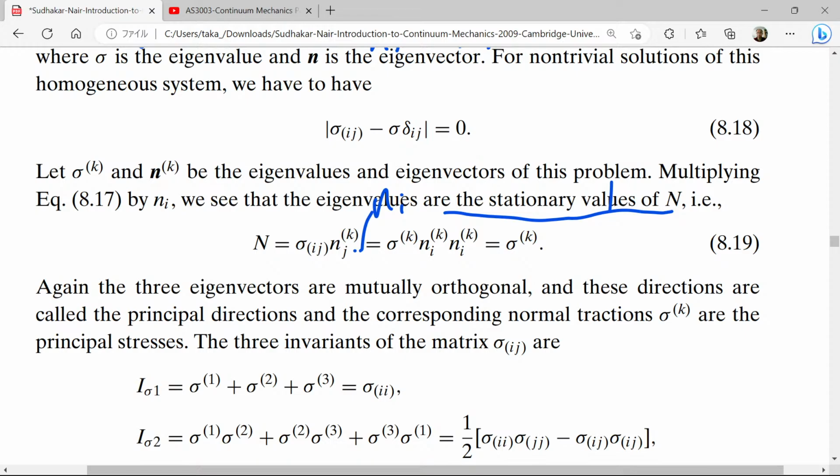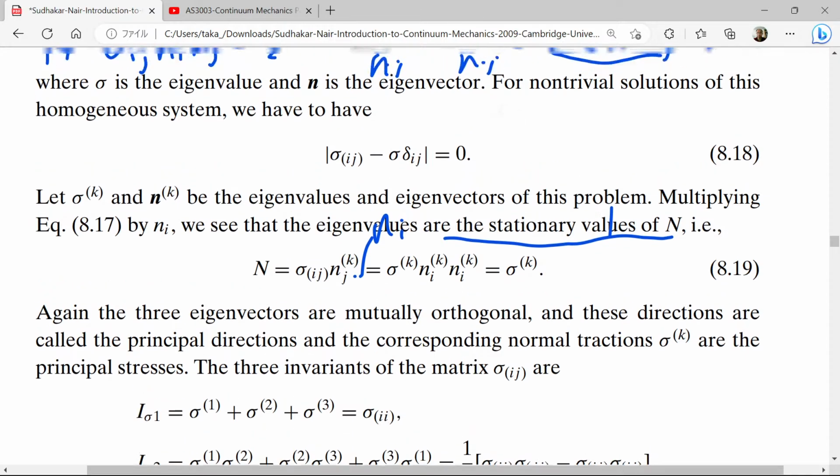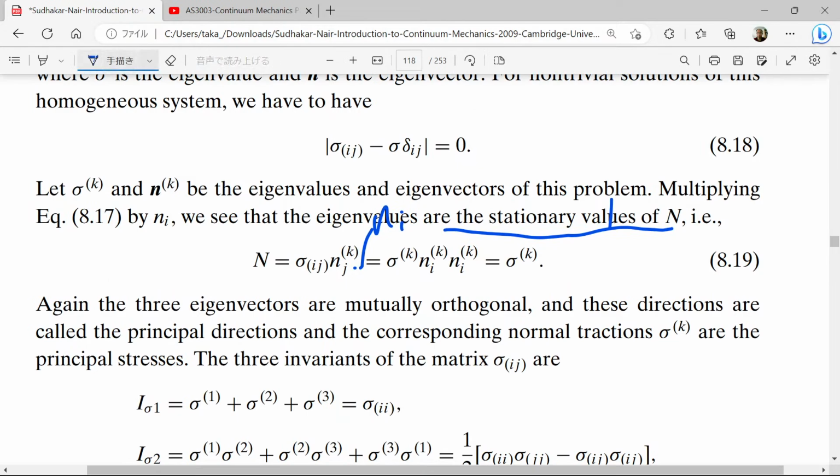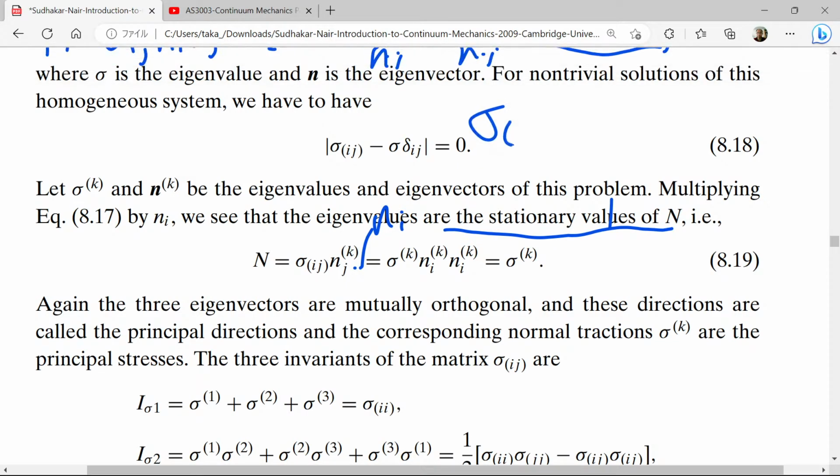We used this eigenvalue problem, right? We had sigma ij nj equals sigma ni. This is what we got. Then the eigenvalue is sigma, so from here we obtain eigenvalue k.